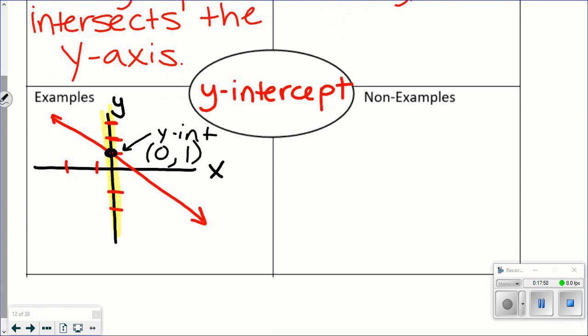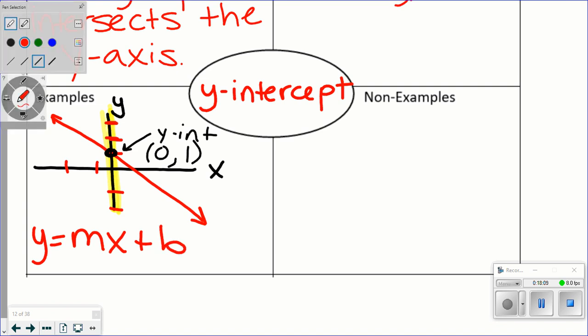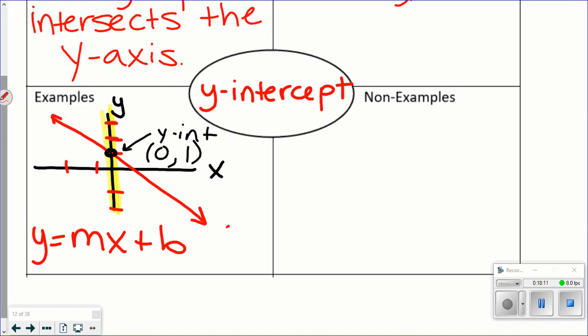Or if you think about slope-intercept form, y equals mx plus b. This b value right here is always your y-intercept. So if it said plus 5, instead of b here, 5 would be my y-intercept.